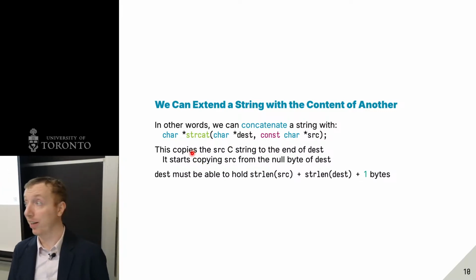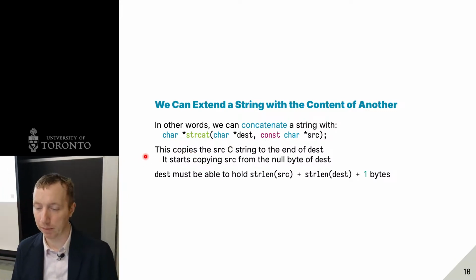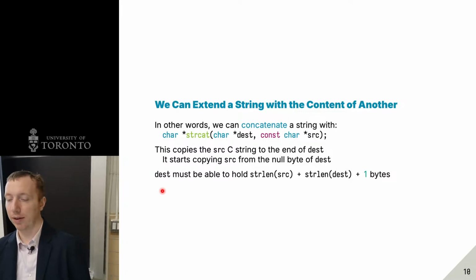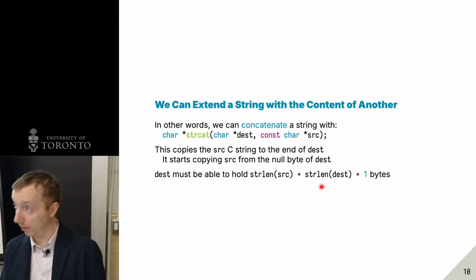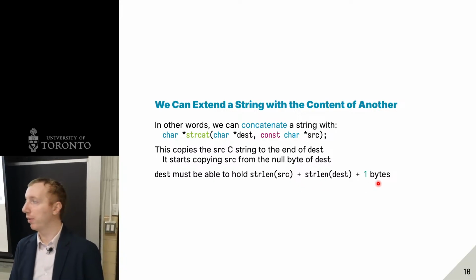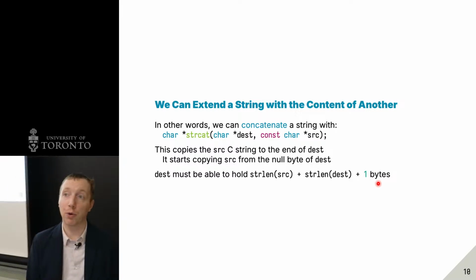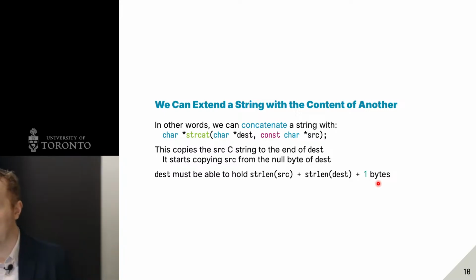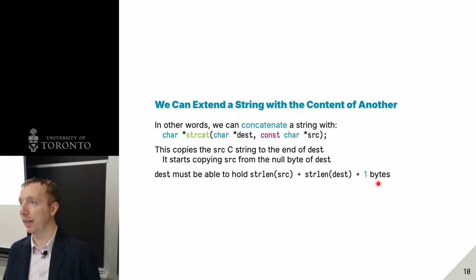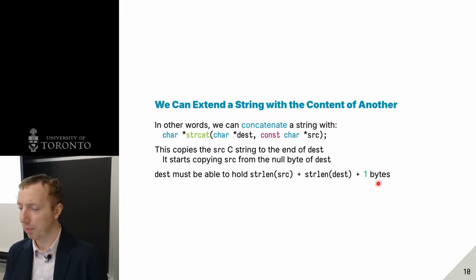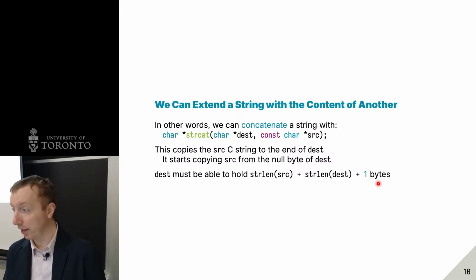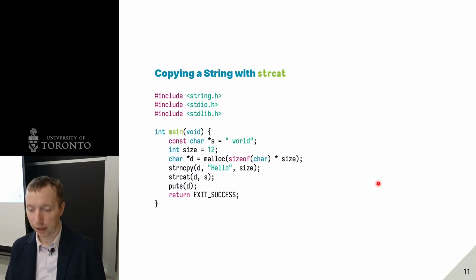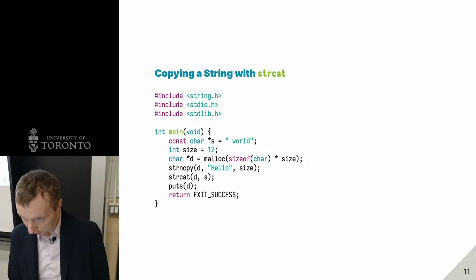And this gets really tricky for handling memory, because dest must be able to hold the length of the string that you're adding to it plus the length of itself plus 1 byte for the null terminator in order to be safe. That is typically a lot to keep track of, more complicated than you might expect, and likely a source of errors that you probably want to check for.